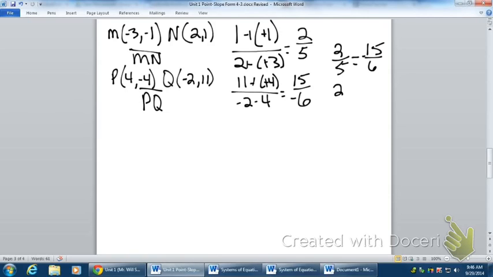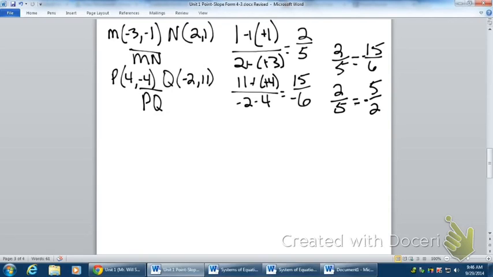Yes, good job, Tori, and Christian. If you simplify 15 over 6, you divide 3 into both of them, you're going to get 5 over 2, and that's a negative. So is negative 5 over 2 the reciprocal of 2 over 5? Yeah, because all it did was flip and change the sign. So yes, they are perpendicular.